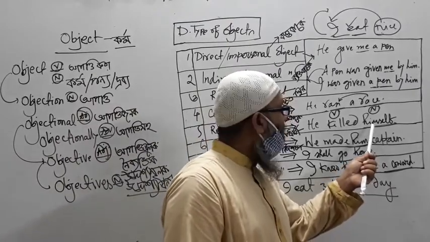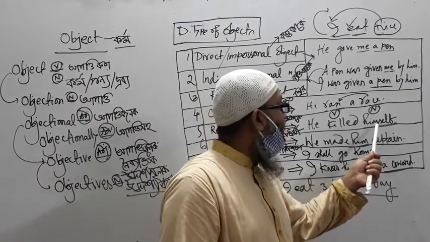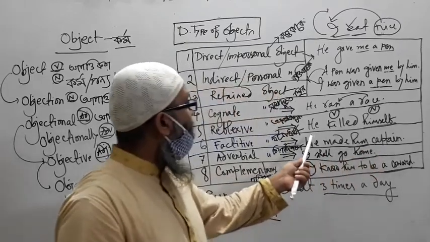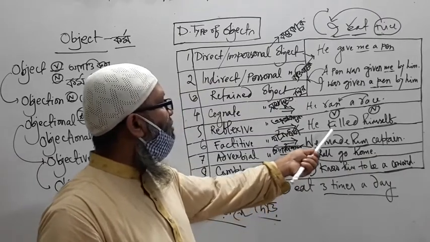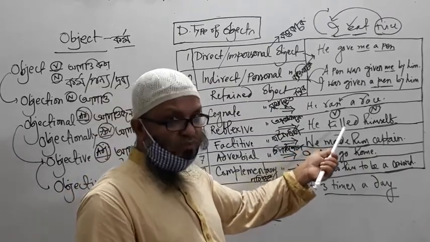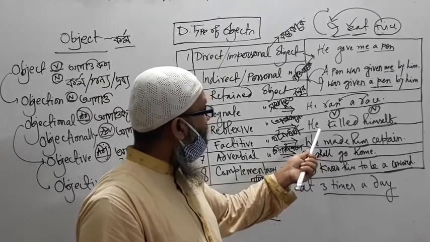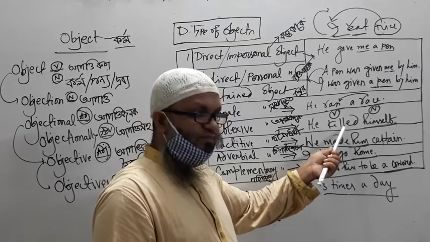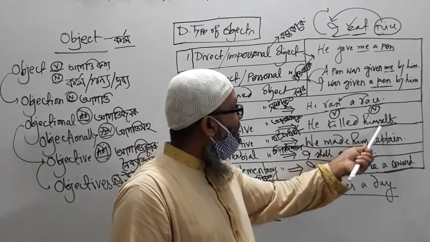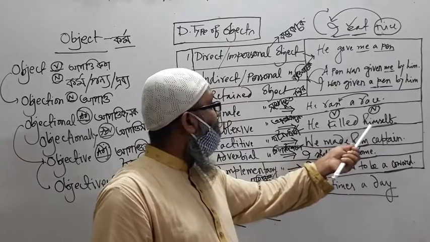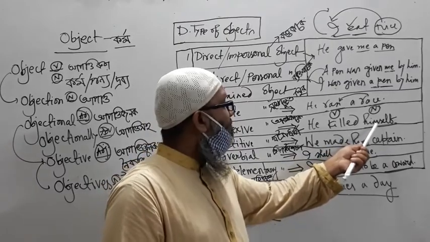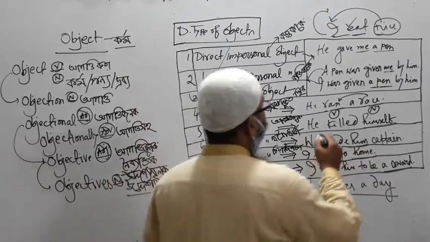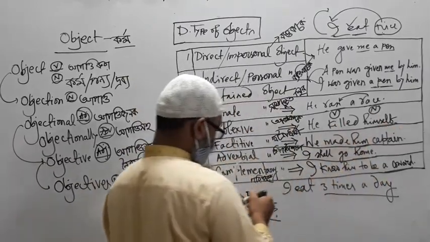It will remain unchanged in its position, because when you change this, according to the tense, you have to use an auxiliary verb after the subject, and then the past participle form, and before himself, that is the reflexive object, a preposition will be used. That means he was killed by himself. Try to learn this.